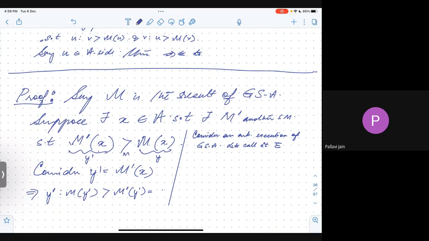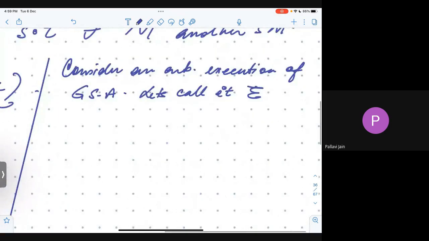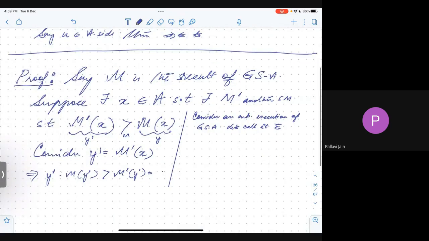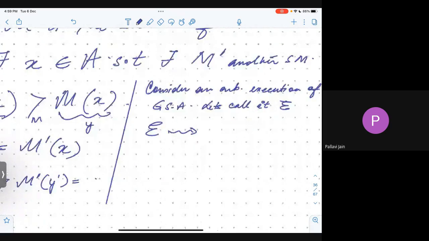Do you understand how these proofs work? If I assume nothing special about an execution of Gale-Shapley, then whatever I prove must hold true for every execution. Okay? So let's call it E. This execution of Gale-Shapley results in a matching that we are calling M.